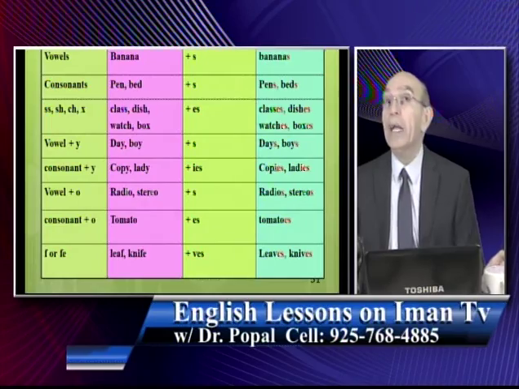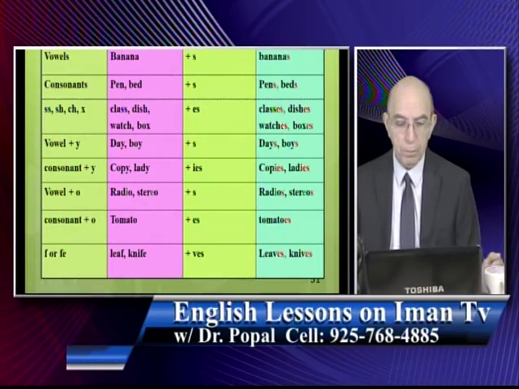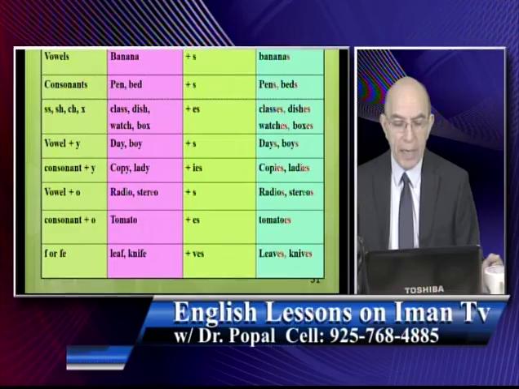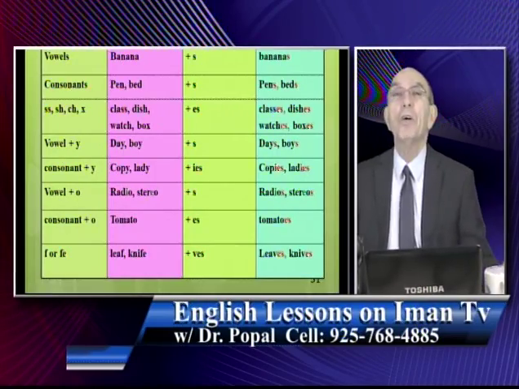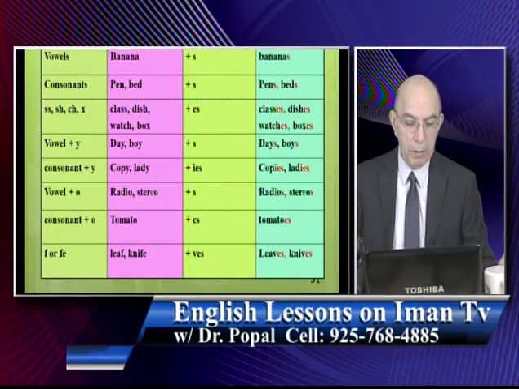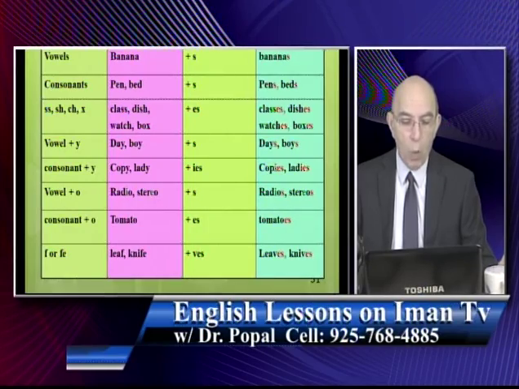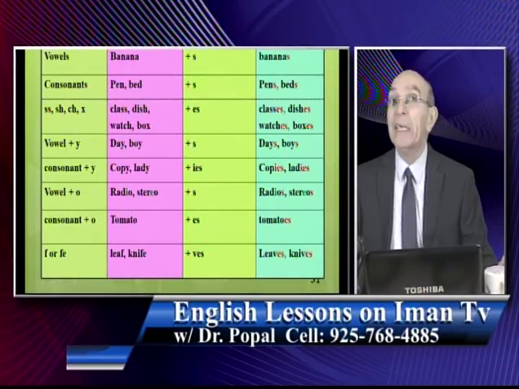اگر بعد از Y کانسوننت باشه، در اون صورت شما حرف Y را با I تبدیل میکنین و ES اضافه میکنین. مثلا میگین copy. پیش از Y، P است که کانسوننت است، چون تنها A, E, I, O, U واول هستن و تمام حروف دیگه کانسوننت است. به خاطر اون Y را با I تبدیل میکنیم و ES اضافه میکنیم.